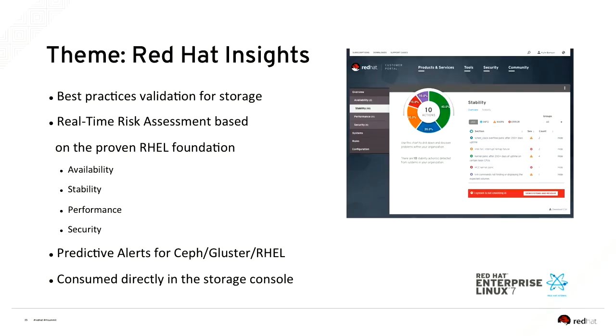A lot of the work that happens with Insights is actually a back-end big data operation. So they're getting this data in, they're analyzing against our support cases, and then they have guys that write rules that say, okay, when you're running this combination, you're either going to have a security problem or an availability problem or a similar thing. So they can give you a predictive alert on that.